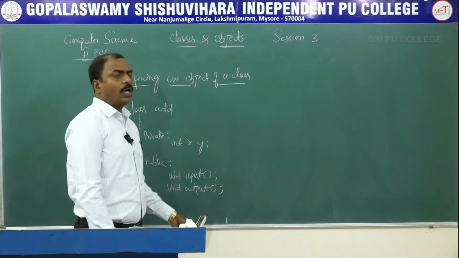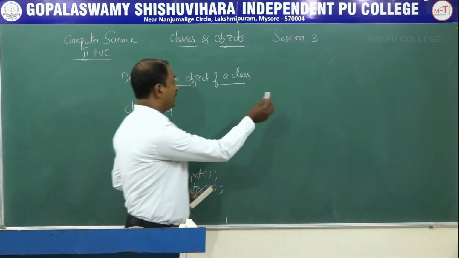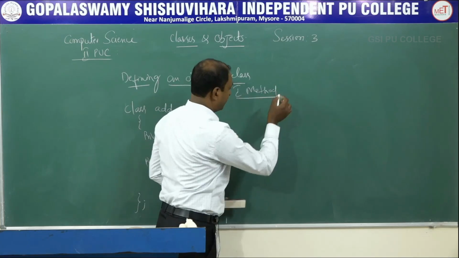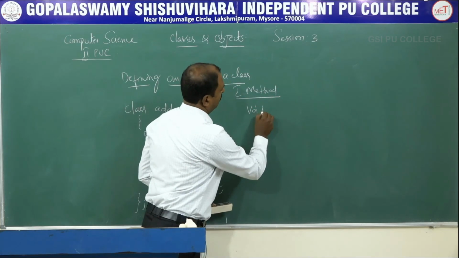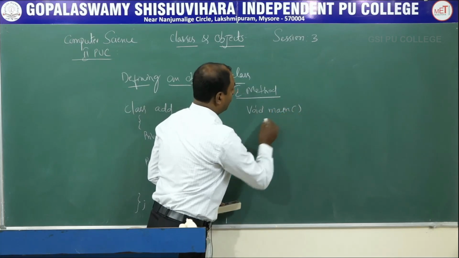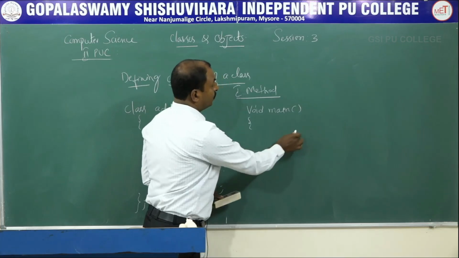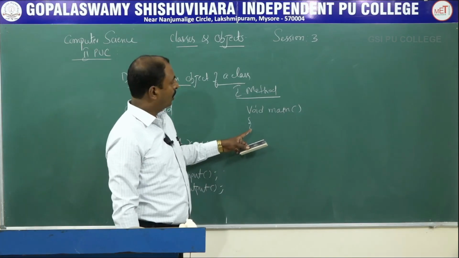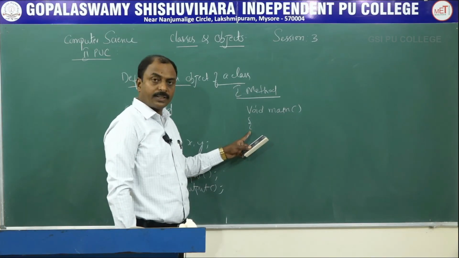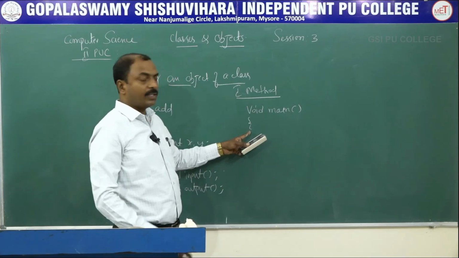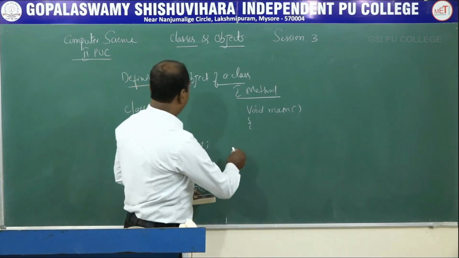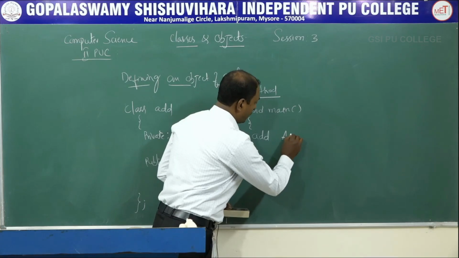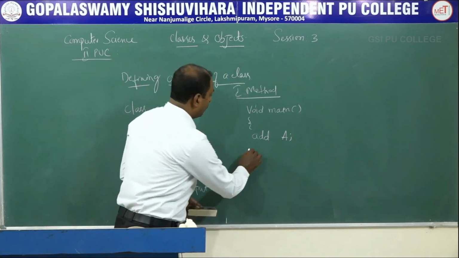Now how do we create an object of a class? This is the first method. This is the void main function, and here we are supposed to create the object. Open the bracket. We write the statement to create an object of a class, and as in the previous example, we write the name of the class, add, space, for example A. I am closing this.